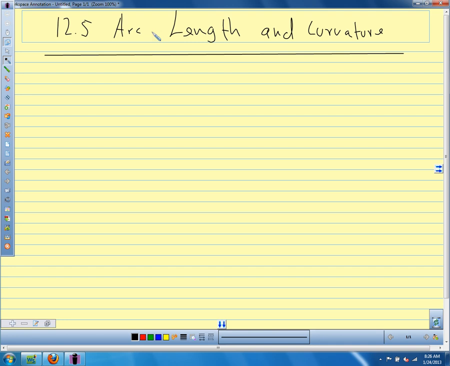We're just going to extend what we know about arc length for parametric equations to vector valued functions, and then we're going to use arc length to come up with this idea of curvature.